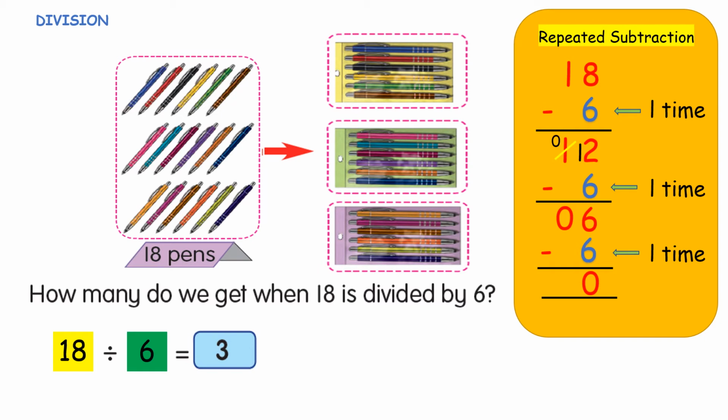Then we stop subtracting. So it shows that 18 divided by 6 equals 3. This is the number line that represents both repeated subtraction and the division number sentence.